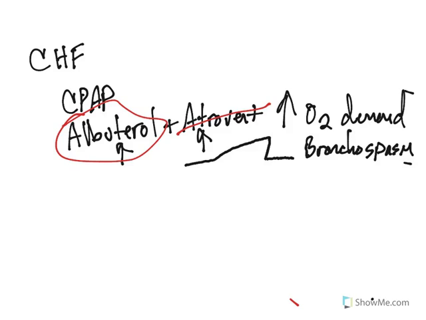But in the vast majority of my congestive heart failure patients, what I instead see for their end-tidal CO2 is more of a boxy formation like this, right? Their end-tidal CO2 looks a little boxed off, and they're not really bronchospasm. Well, if they're not bronchospasm, then why am I giving a bronchodilator?